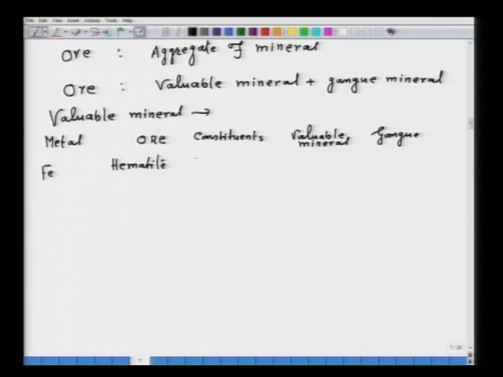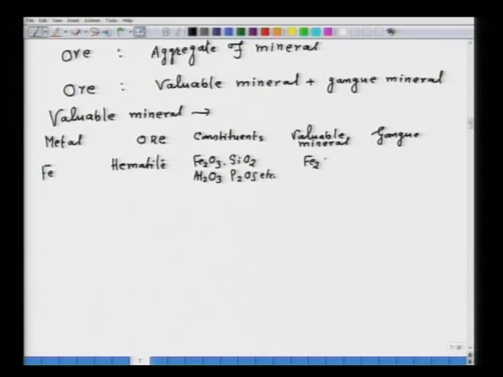Now, hematite contains Fe2O3, SiO2, Al2O3, P2O5, etc. Here the valuable mineral, because we are interested in iron, is Fe2O3, and all other, for example SiO2, Al2O3, P2O5, are considered to be gangue.